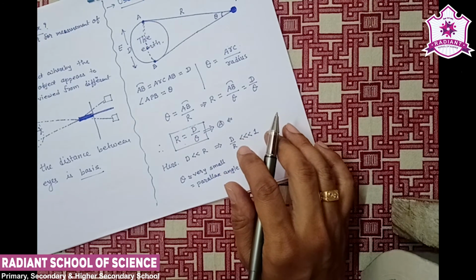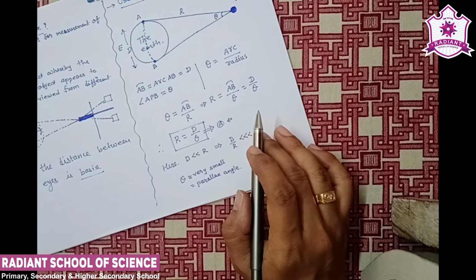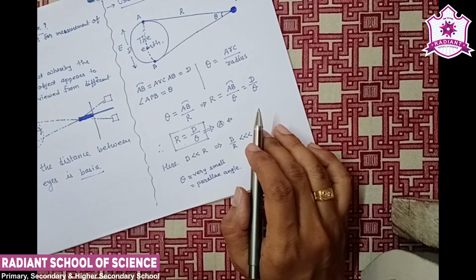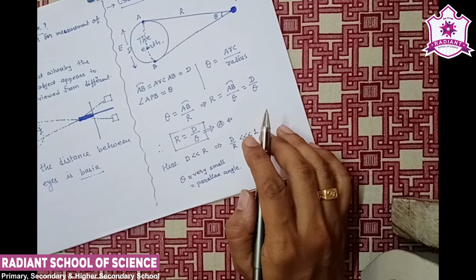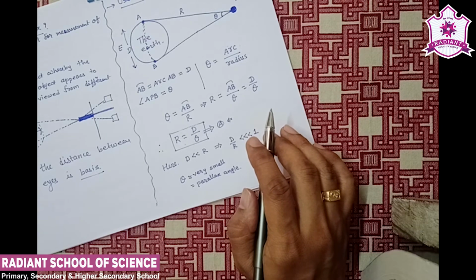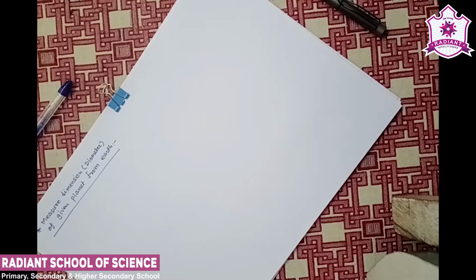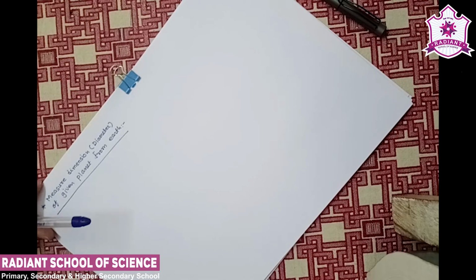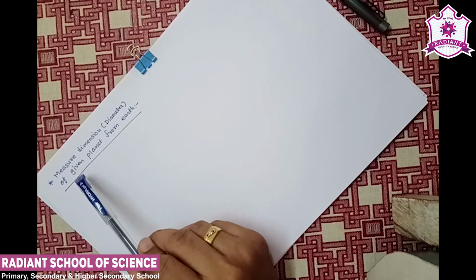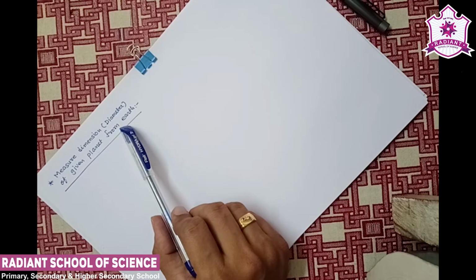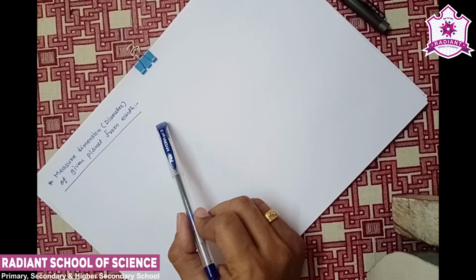Now we will use another method. That method is the same, but we will use it for another purpose. Suppose we want to measure the diameter or the dimension of a given planet from the Earth.